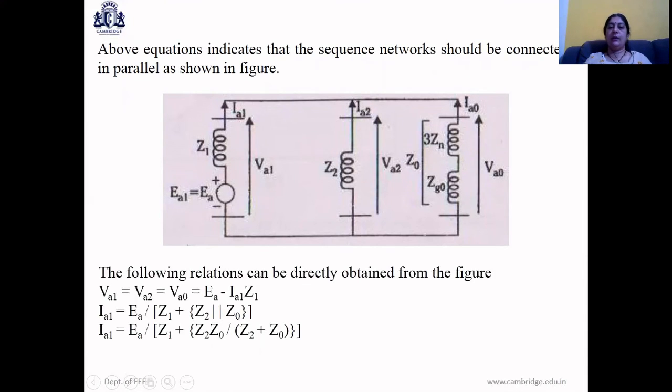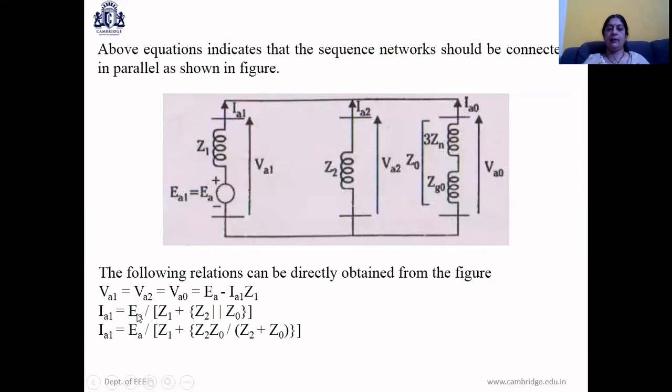Next, the following relations can be directly obtained from the figure. VA1 equal to VA2 equal to VA0, that is EA minus IA1 Z1, and the current IA1 is EA by Z1 in series with Z2 and Z0 in parallel.